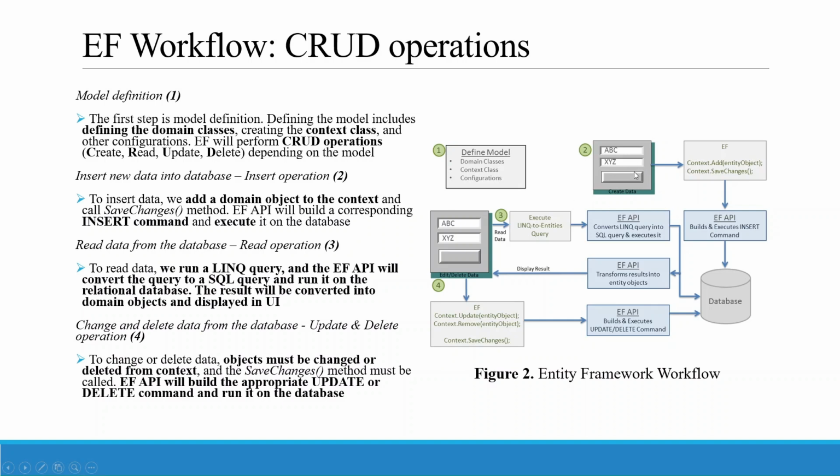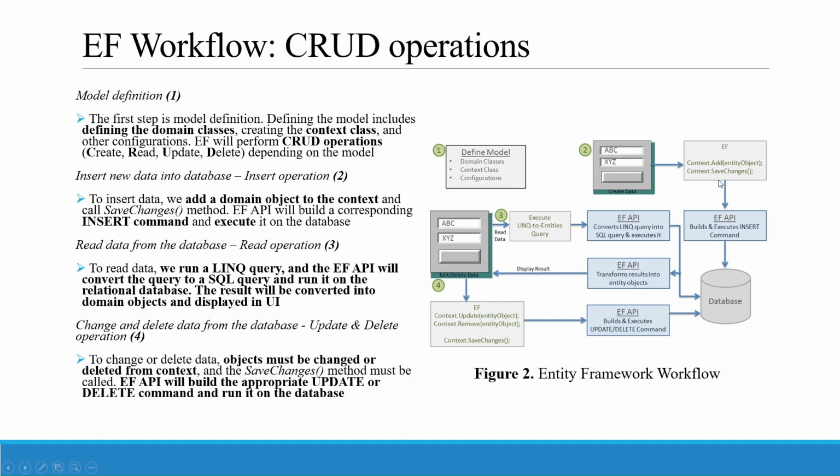Let's look at step 2. Suppose that we have an HTML page with a form. This form is used to specify some details about a product that we want to save into the database, okay? So the user fills in these fields, okay, and then presses a button to save the product into the database. What happens?